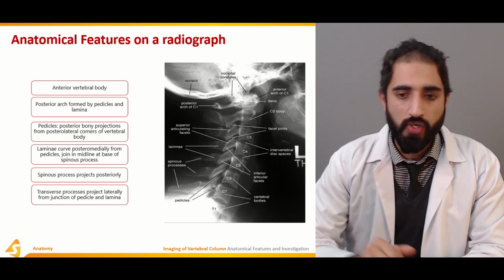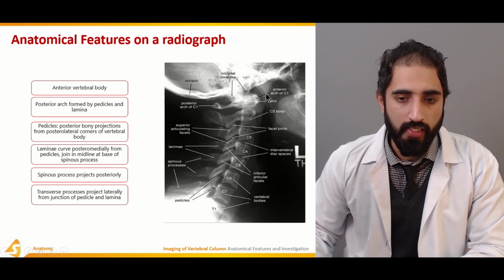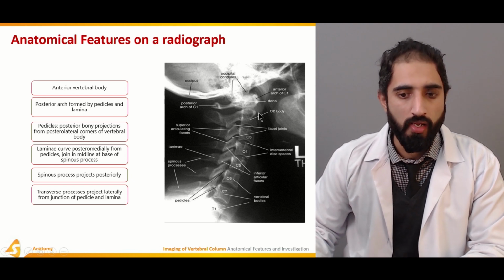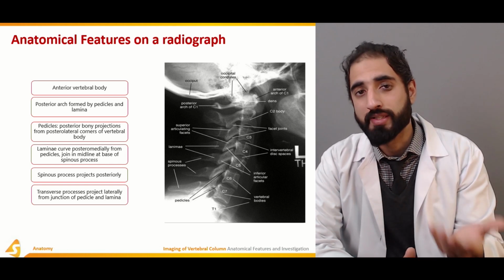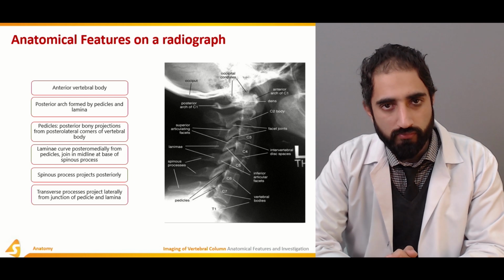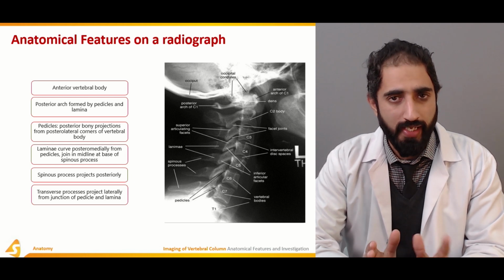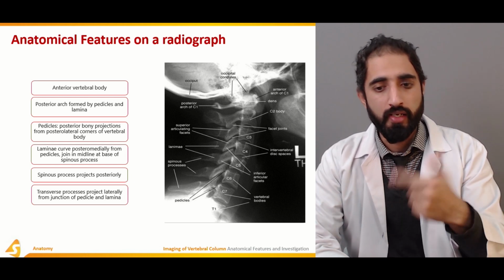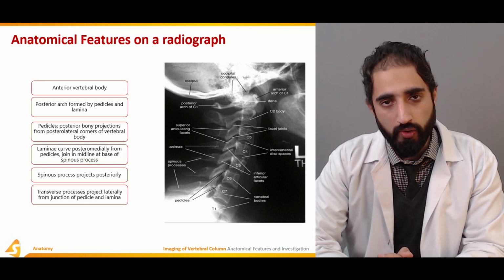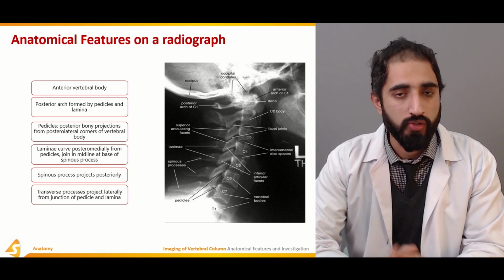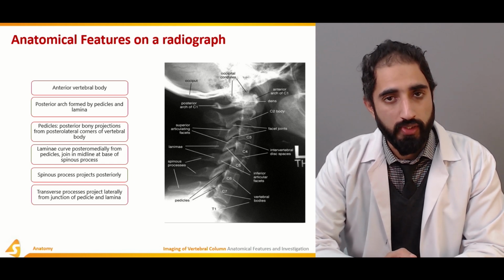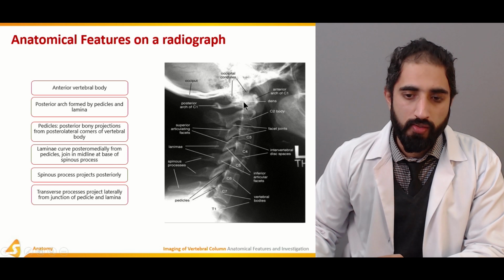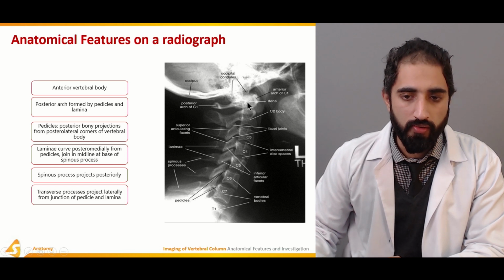Moreover, there are some structures such as the dens and the anterior arch of C1. The anterior arch of C1 is mentioned here because it does not have a vertebral body, as it is an atypical vertebra. Similarly, the dens is an elongated articular pillar of C2, which is also an atypical vertebra, which articulates with the anterior arch of C1, and that is called the dens, as you can see here.